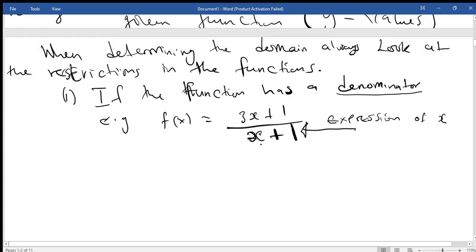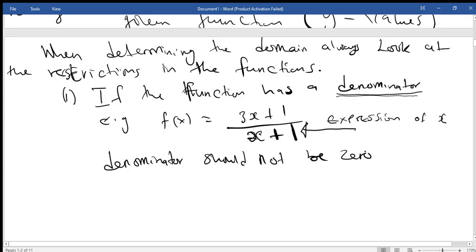So if I see a denominator there, tell yourself that the denominator should not be 0. This is how you will find your domain in that function. Remember, this numerator has no effect.